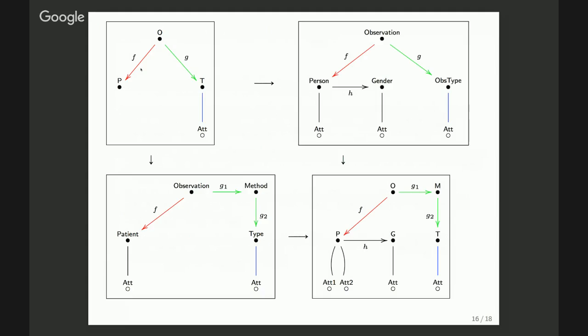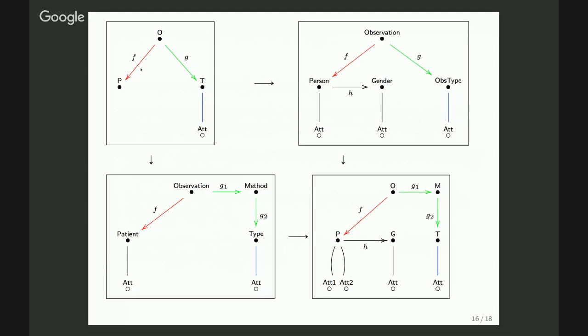And in this diagram, we've labeled with colors, red, green, and blue, the various ways in which these mappings are taking place. For example, we have an edge F going from O to P in the overlap schema. That gets mapped to the path of length 1 in the lower left, another path F that goes from observation to patient.